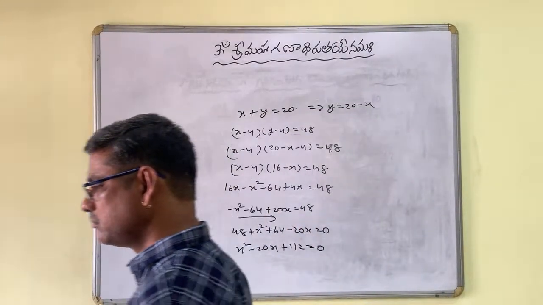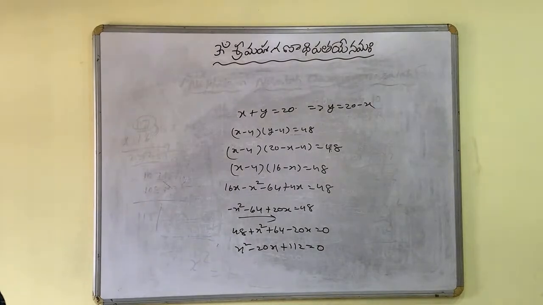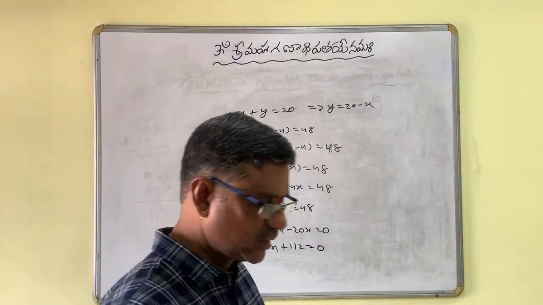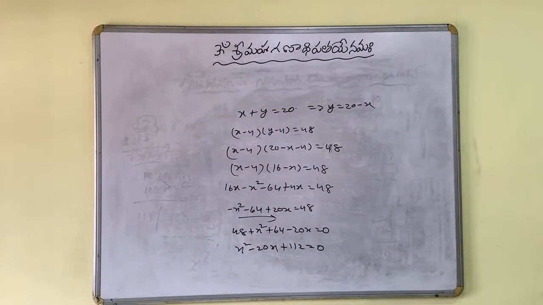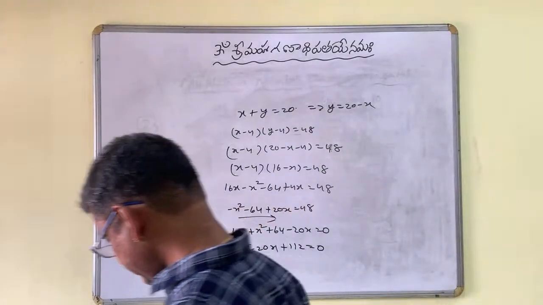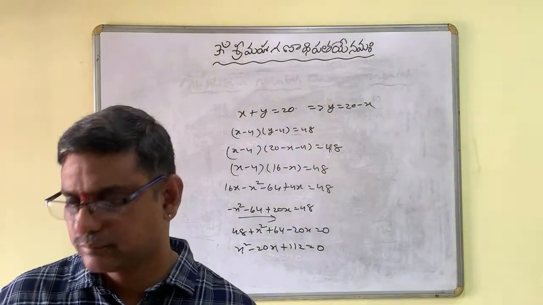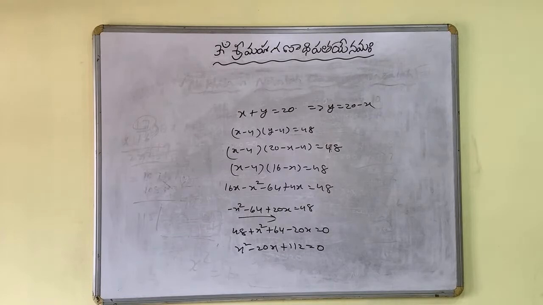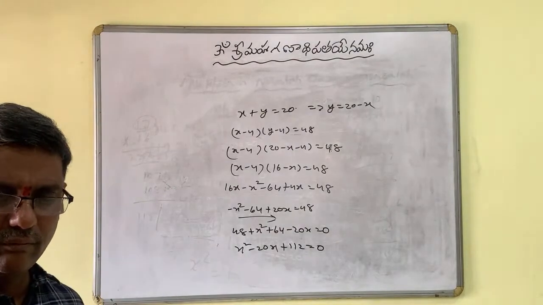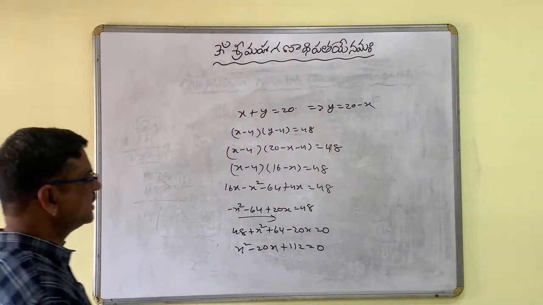Sammy, Manoj? Unisha, what are you people doing? Vaishant, good.